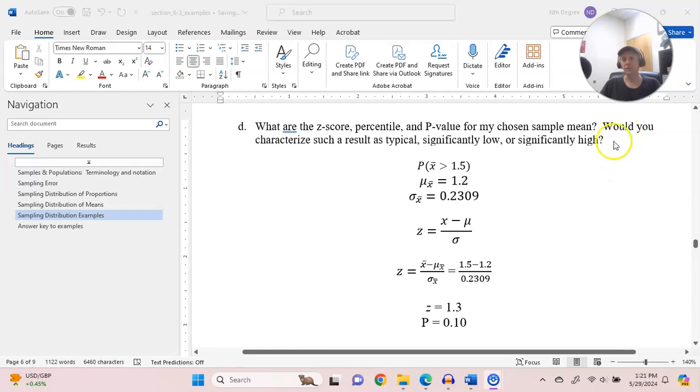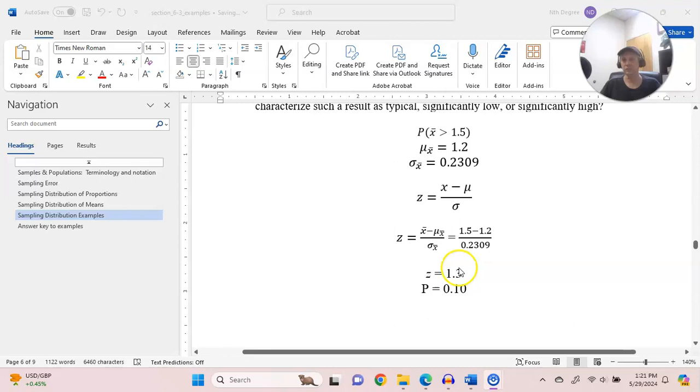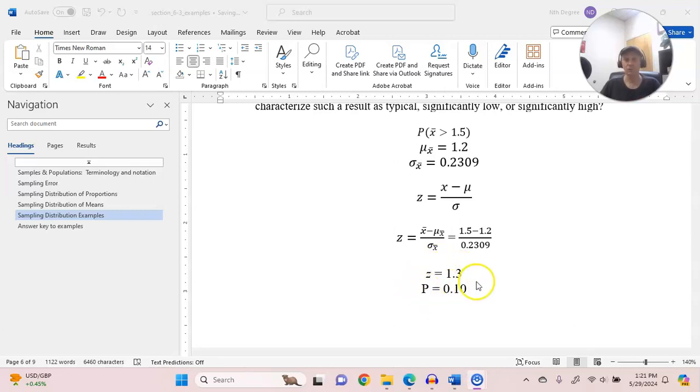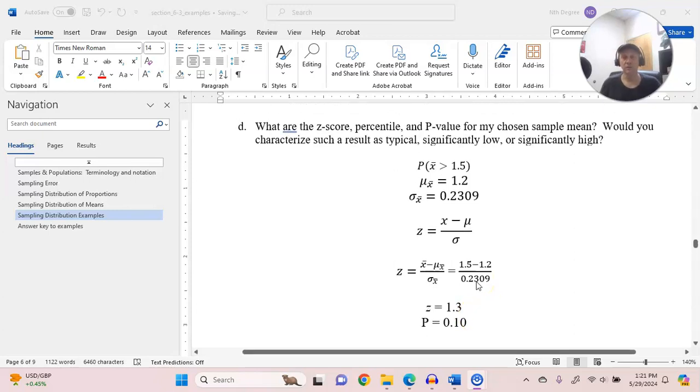Okay, the last part of this question is, would you characterize such a result as typical, significantly low, or significantly high? We can do that in two ways. We can either use the z-score or the p-value. The results should almost always agree with each other. So let's remind ourselves how to do that. If we're measuring a sample with a z-score, then we usually use a z-score of 2 as the cutoff between typical scores and unusually large scores.